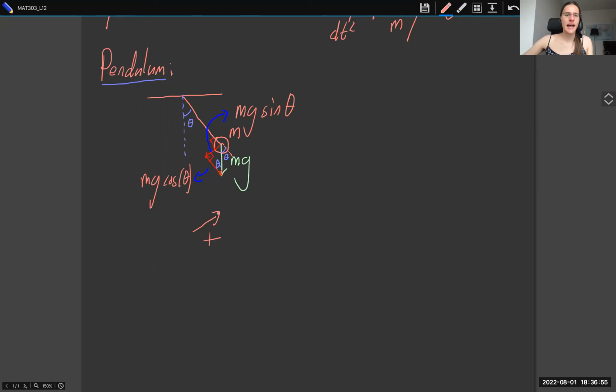So if we set this instantaneously to be this, then we'll have ma, which is equal to m, let's say dv/dt, measured along this axis, is equal to negative mg sine theta.